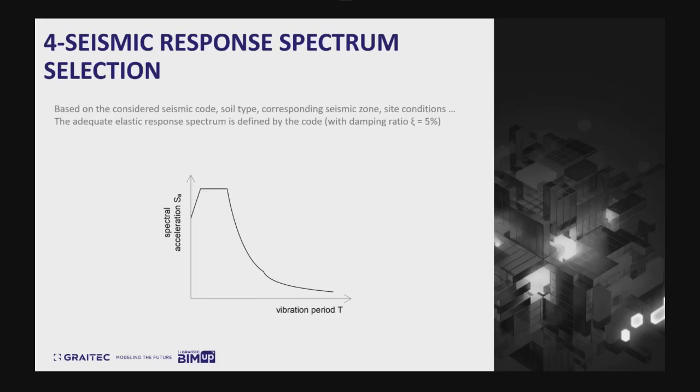Based on the considered seismic code, soil type, corresponding seismic zone, and site condition, the adequate elastic response spectrum is defined by the seismic code. Generally, in this seismic response spectrum, we have spectral acceleration plotted versus the vibration period of the structure. This response spectrum represents the seismic demand, what the earthquake wants from the structure.